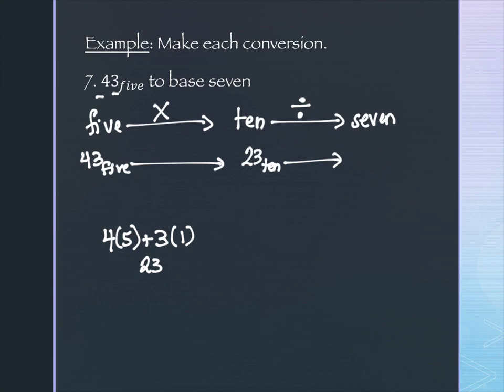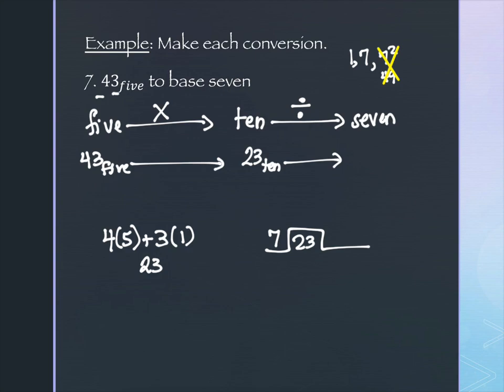Now I'm going to turn it into base 7. But to turn it into base 7, I have to divide, and I have to divide by powers of 7. Well, that's the ones place. It's 7, and then it's 7 squared. But what's 7 squared? 49. I don't need 49. That's too big, right? So I'm going to divide 23 by 7. How many 7s are in 23?